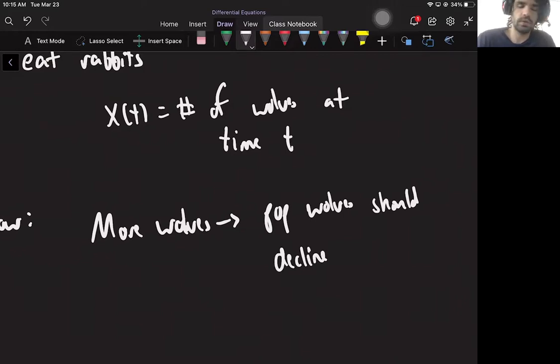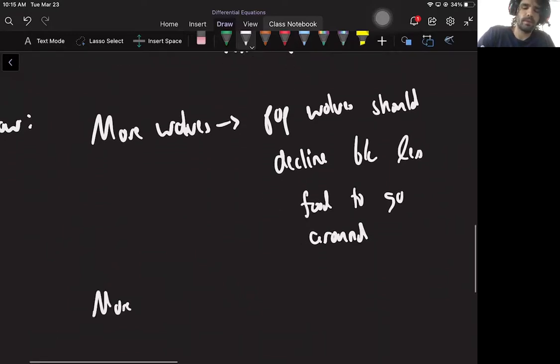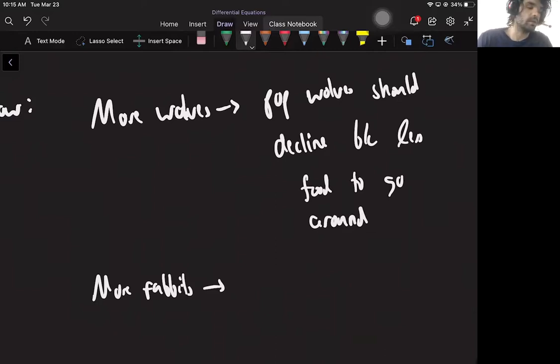If there's too many wolves and not enough rabbits, then the population of wolves will decline. But as long as there's lots of rabbits, then there's opportunity for the wolves to eat, so their population should increase. So this should go up.